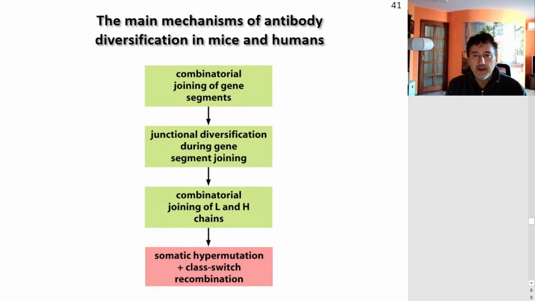So here we can see this summary table, and this will be the last picture for today, about the generation of antibody diversification, I would say. One of them, the basic mechanism, is the combinatorial joining of the gene sequence.